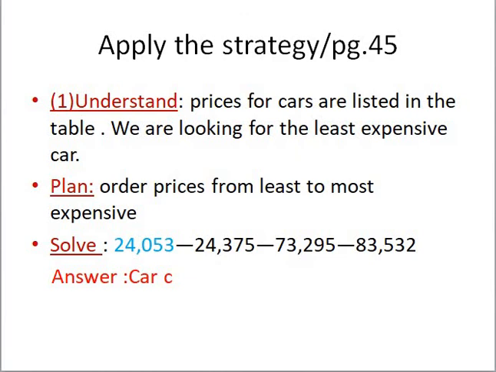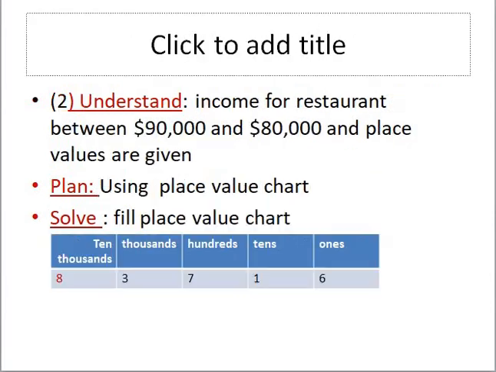Then let's go to the second question. They tell us there is a restaurant whose incomes were more than 80,000 but less than 90,000.